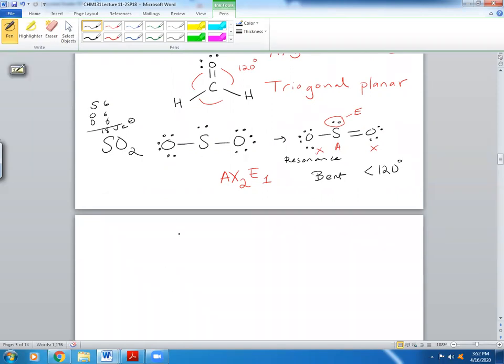So watch, here's how you draw it. Put the S, and you bend the angle at which the sulfur is attached to the oxygens. So this is bent right here, and this angle right there is less than 120.